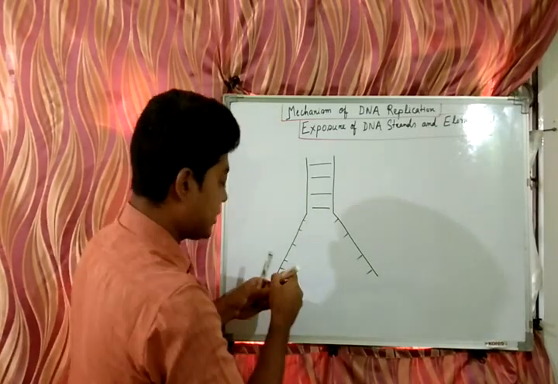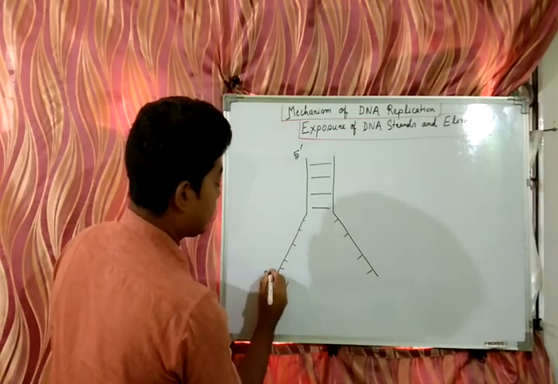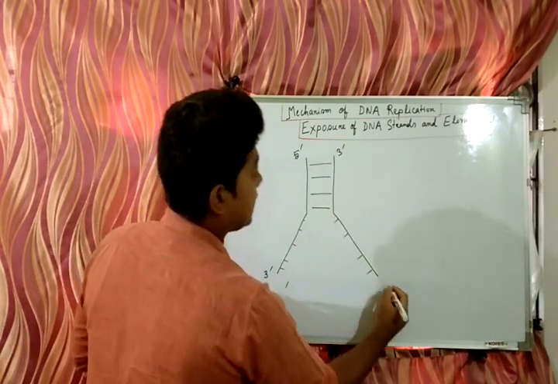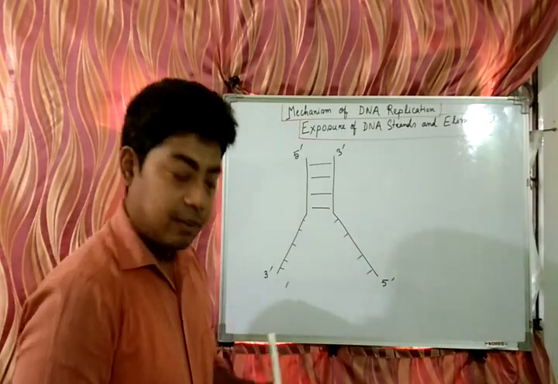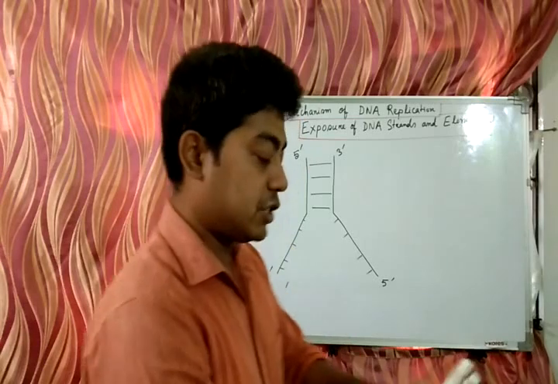Now suppose this strand is 5 to 3, and this DNA strand is 3 to 5, and DNA synthesis occurs in which direction? 5 to 3 direction.